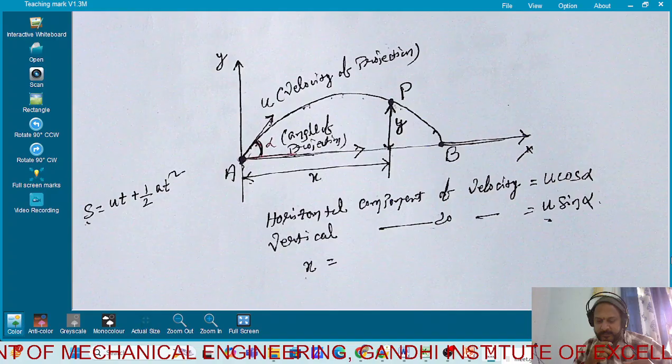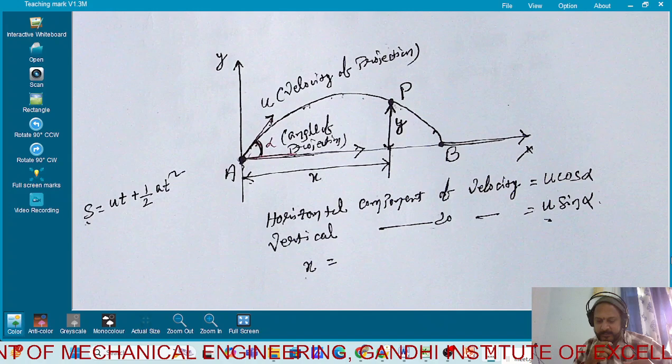Half gt square, where we are taking a is equal to minus g. So these are the two equations: x is equal to u cos alpha into t, and y is equal to u sin alpha into t minus half gt square.